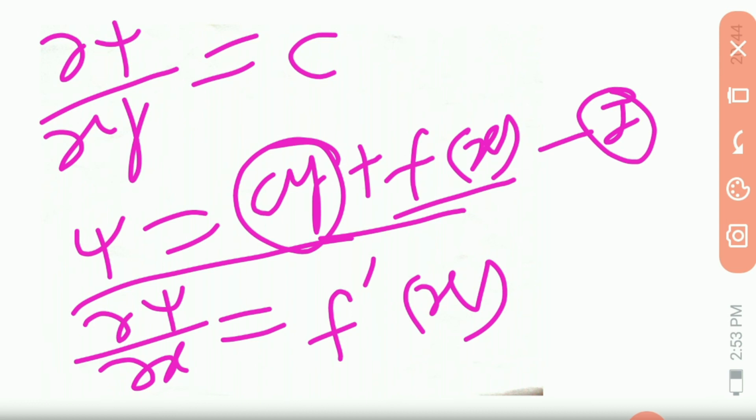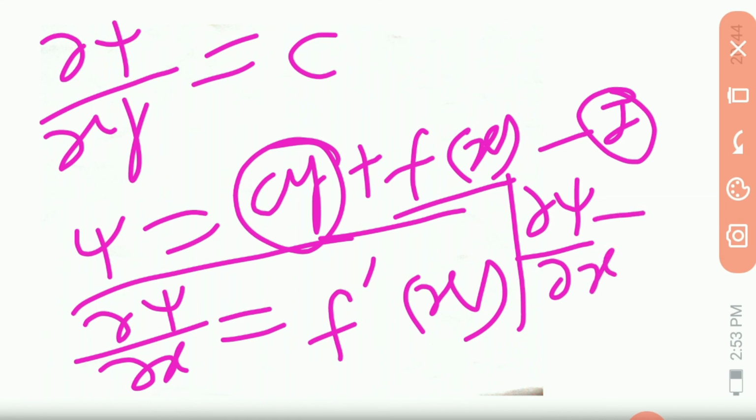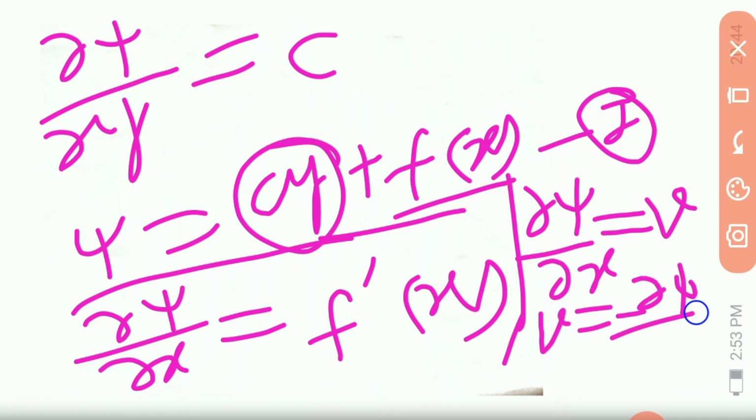But dou psi by dou x is v, and v is minus dou phi by dou y, and which is 0. Dou phi by dou y is 0.